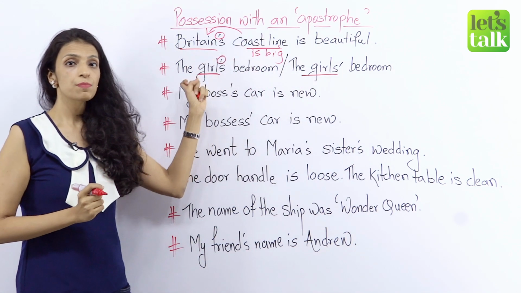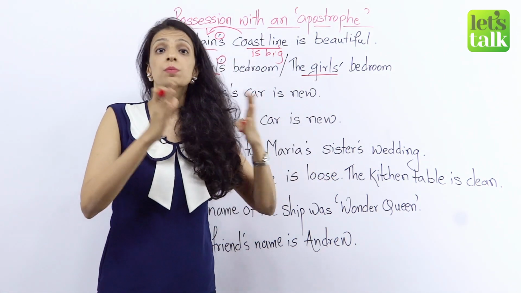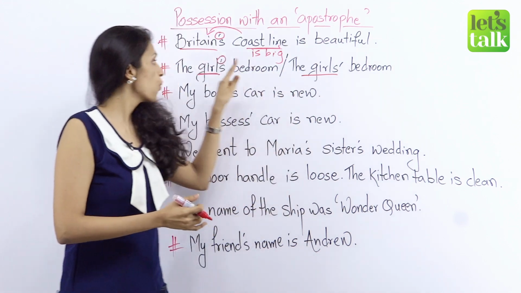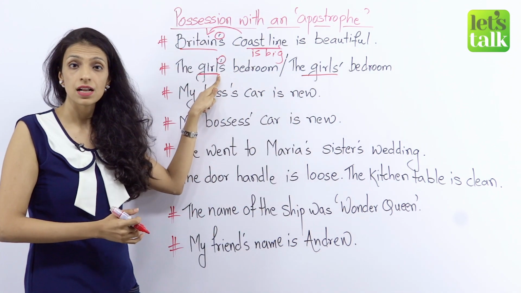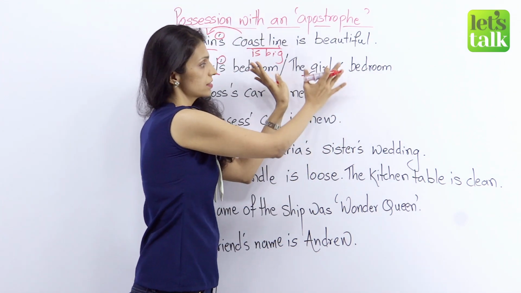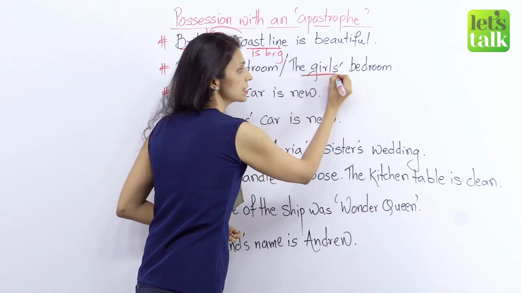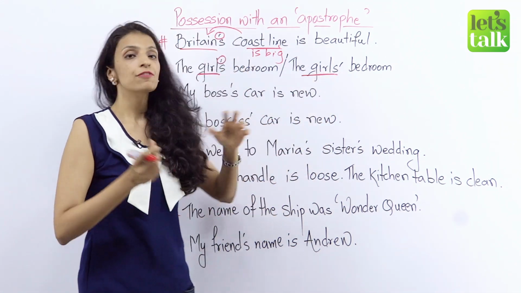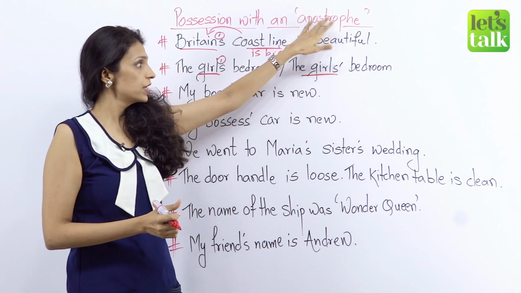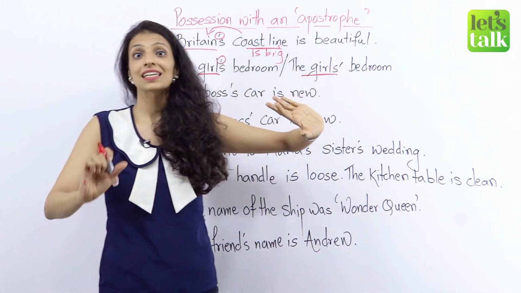Here is girl apostrophe S, one girl's bedroom, or the bedroom that belongs to one single girl. But if there is a bedroom that belongs to many girls, remember we always use a plural noun. So the girls, you have to show possession using an apostrophe. Use the apostrophe after the S and leave it.